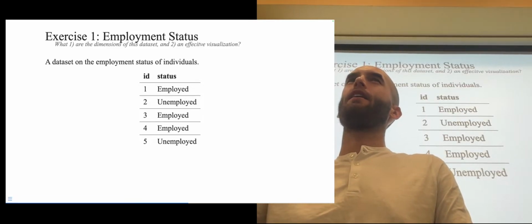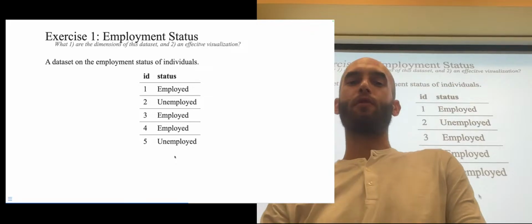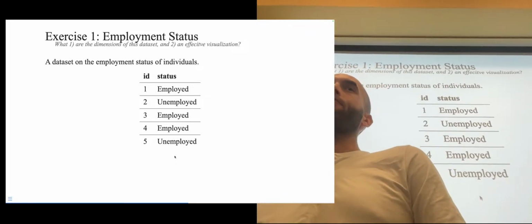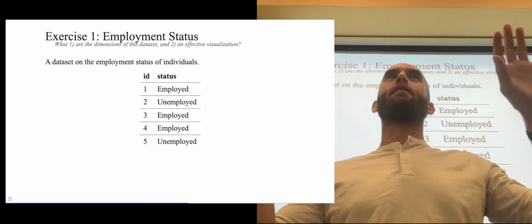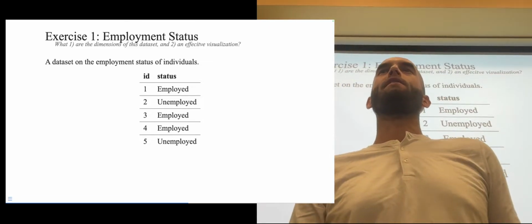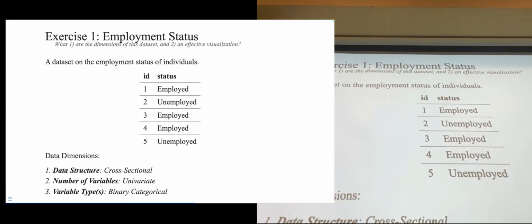Binary? Nominal? Ordinal? Correct. There are two options, at least from what we can see. Given the information here, there may be a third, like uncertain or something like that. But given the information here, this is binary. So cross-sectional, univariate, and binary categorical.